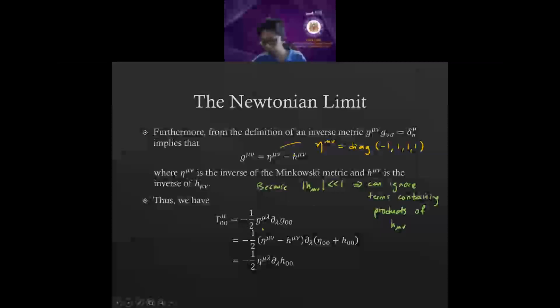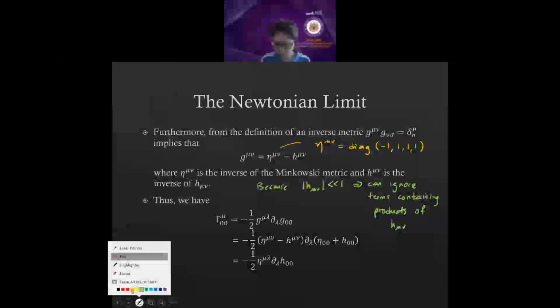If you now substitute this condition into our Christoffel symbol, this was our Christoffel symbol just now. Then we substitute our inverse metric here, and this is our metric. Then notice that we are left only with this term.